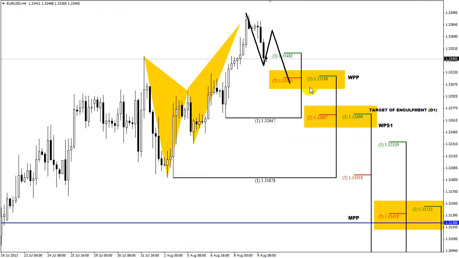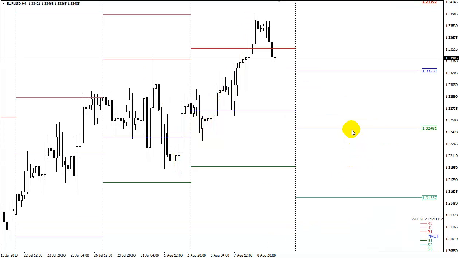All right, and if the market breaks below the first zone of confluence, we have also this another one, which is, in my opinion, the most important for the short term, because this is the weekly pivot support 1, as we can see here.